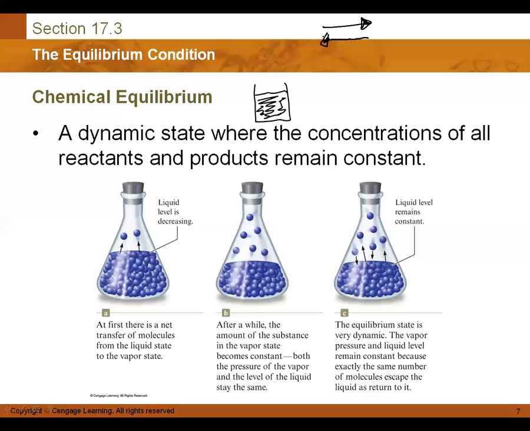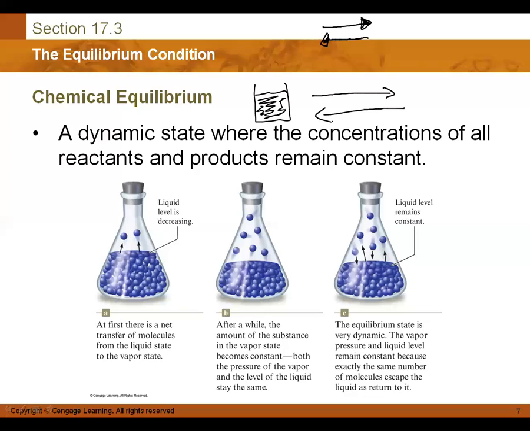So when we look at a reaction that's reached equilibrium, on the big scale it may not look like much is happening. But if you were able to super zoom in, you would see a lot of activity. You'll see molecules going from reactants to products and from products back to reactants. Because it's reached equilibrium, it's happening at the same rate.